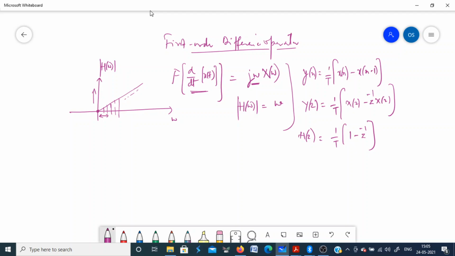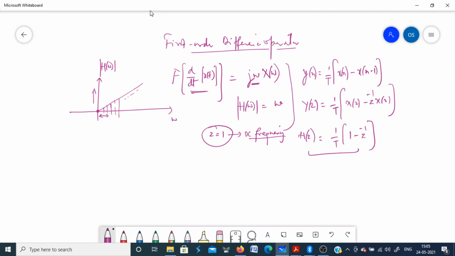Okay, so such type of filter has a transfer function like this. So you see that it has a 0 at z equal to 1. Okay, z equal to 1 means it is the DC frequency. So at DC frequency, 0 frequency, it has a 0. So the DC frequency is stopped by this system.